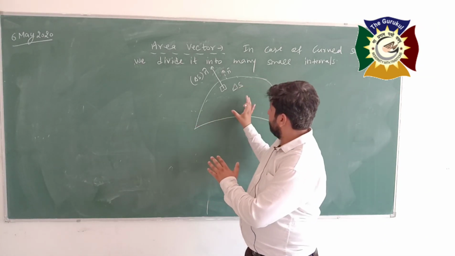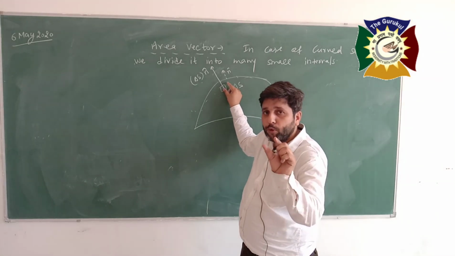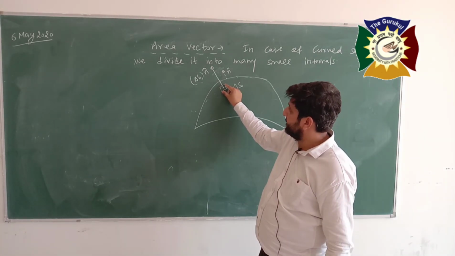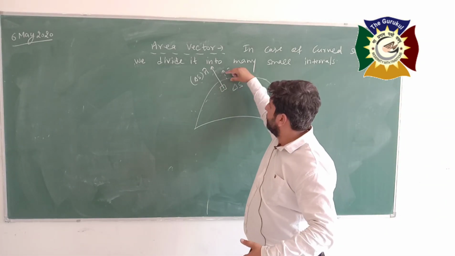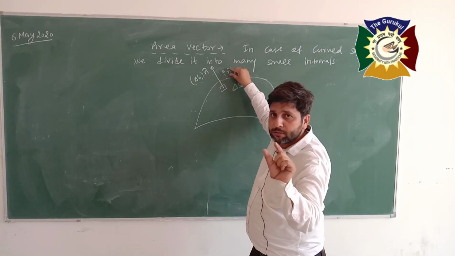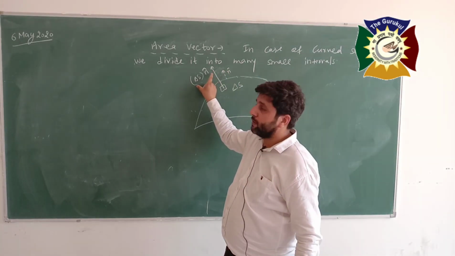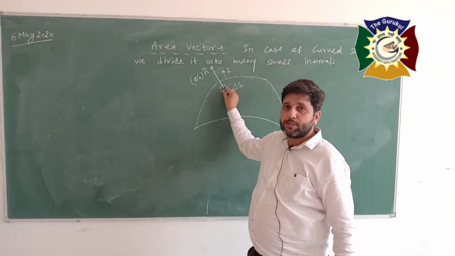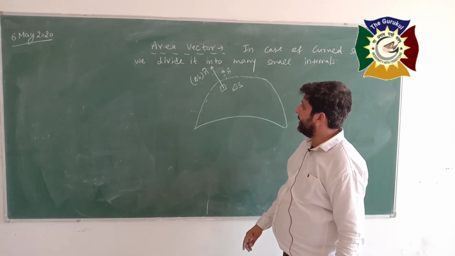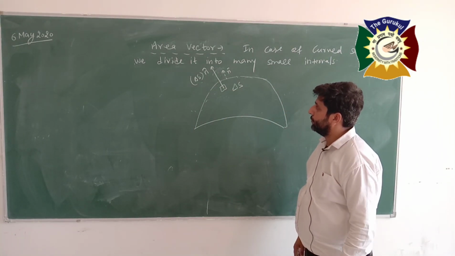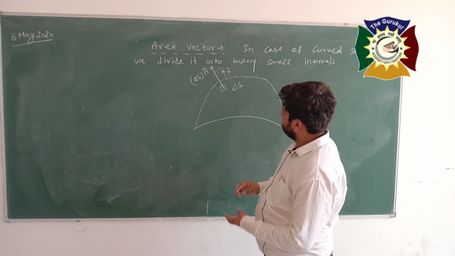In a curved surface, we will discuss only small parts. Its area is delta S. The unit vector normal to this surface is n cap. Then this small area vector is delta S n cap.